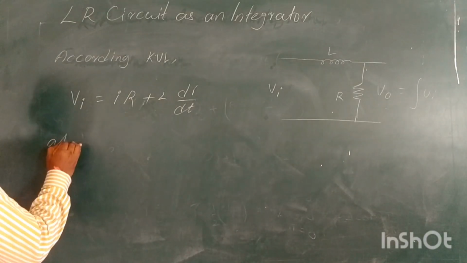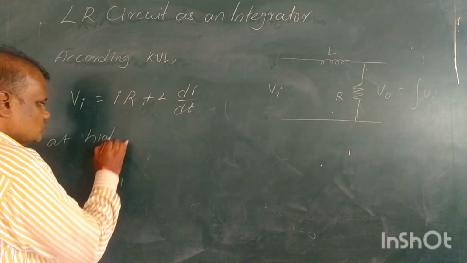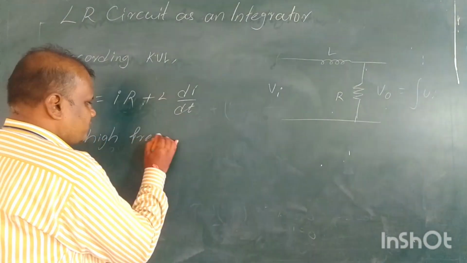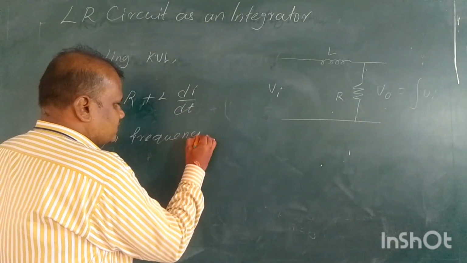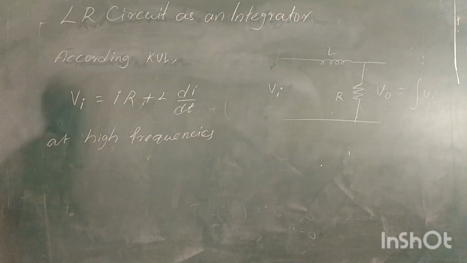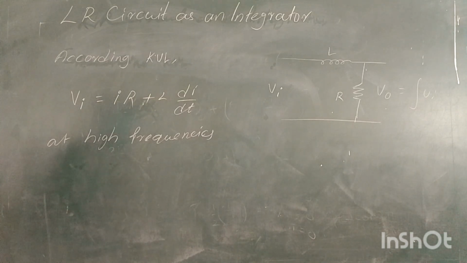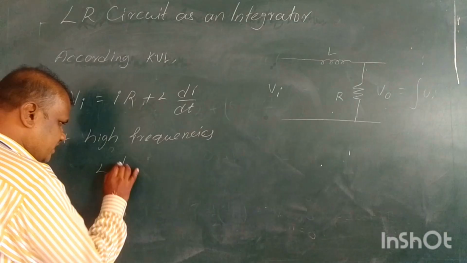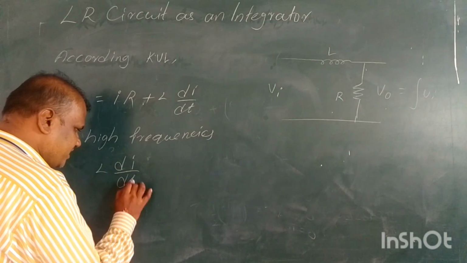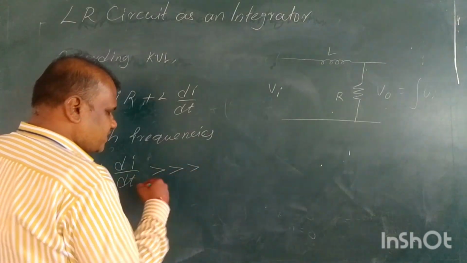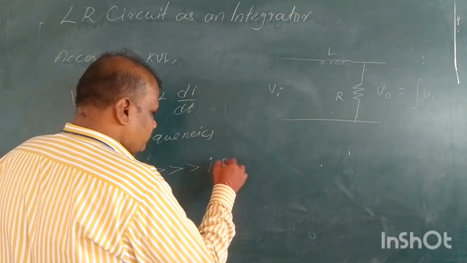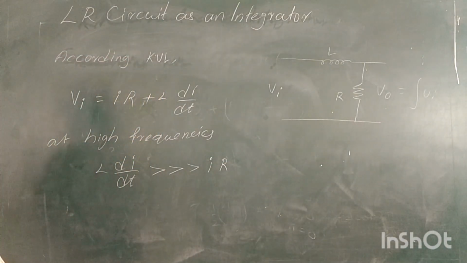At high frequencies, when the input signal frequency is high, the voltage drop across the inductor will be maximum. That is L di by dt. The voltage drop across the inductor will be maximum when compared with the voltage drop across the resistor.